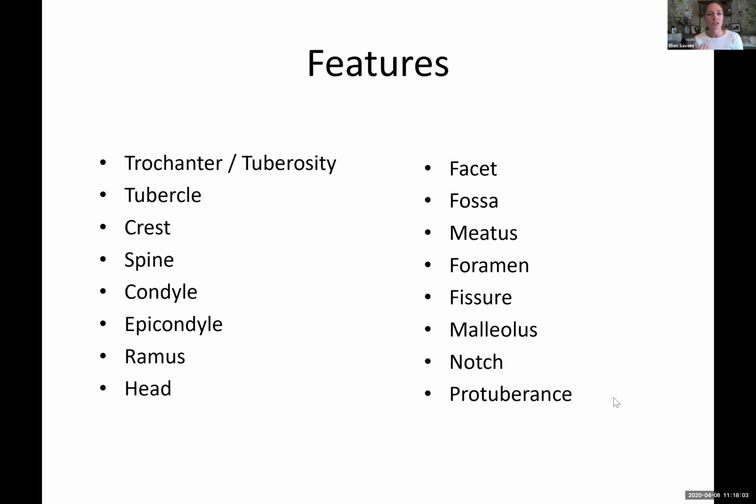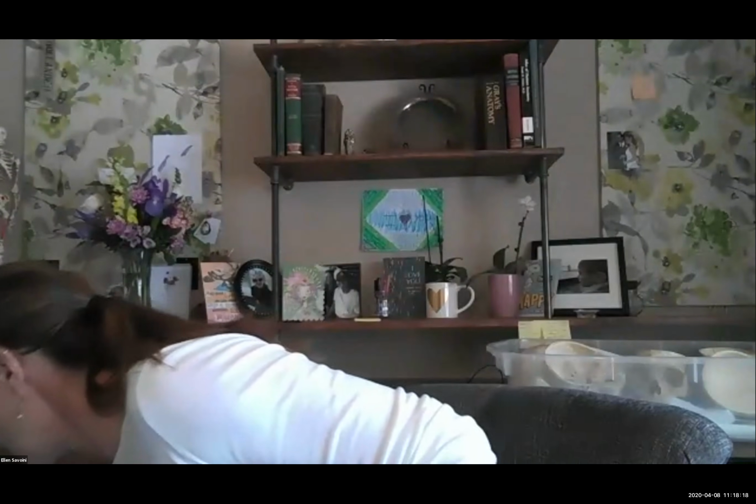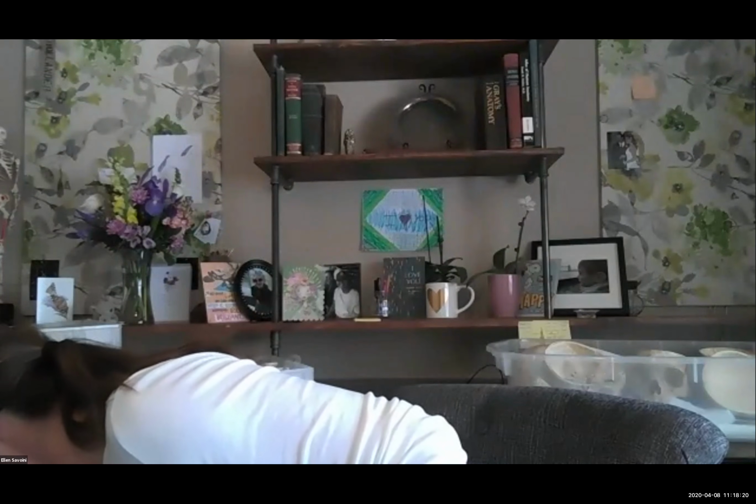For instance, a trochanter or tuberosity is a bumpy part of the surface. For instance, your legs, let me go back here. Do I have a femur? Actually, I do. Let me grab another bone. Okay, here's our humerus bone, but a trochanter or tuberosity is a rough spot on the surface of a bone.